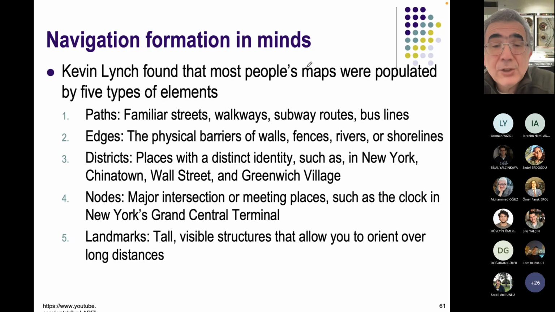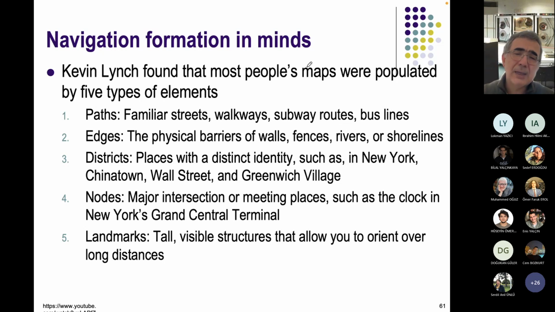Nodes, like major intersections and meeting places, like Taksim Square or Bostancı Kavşağı. Okay, those are the nodes. So when you are orienting yourself, you look for Bostancı Kavşağı and you memorize the target location based on that node.